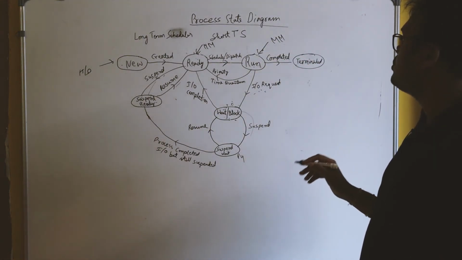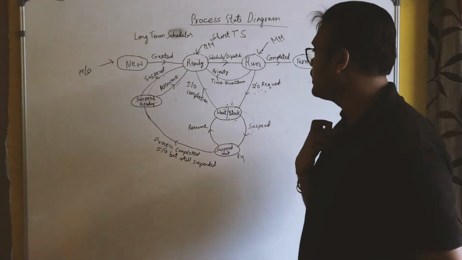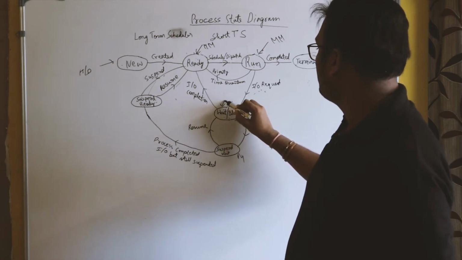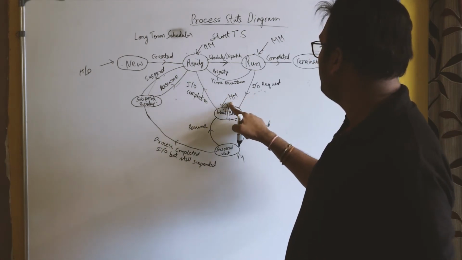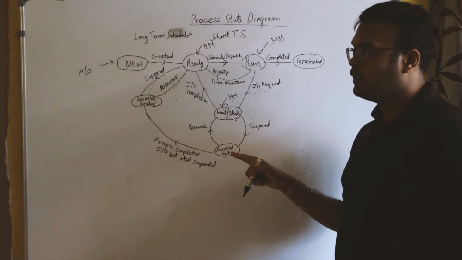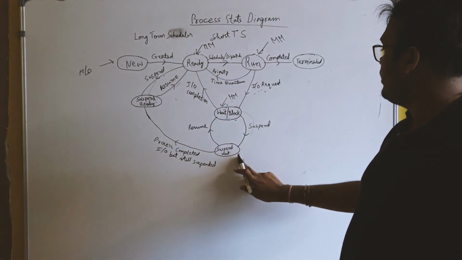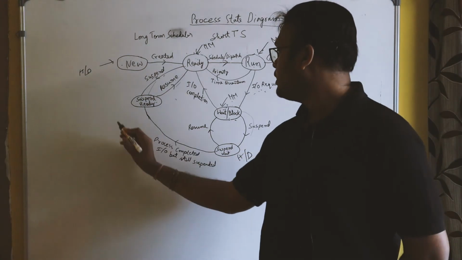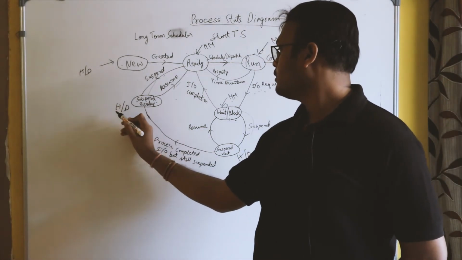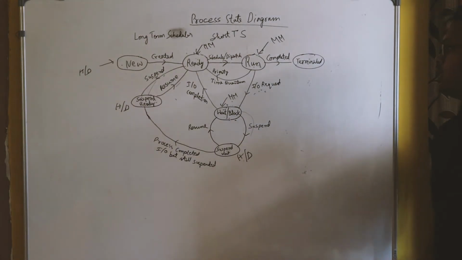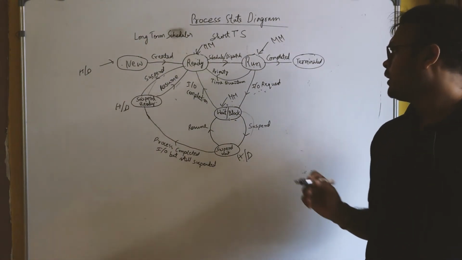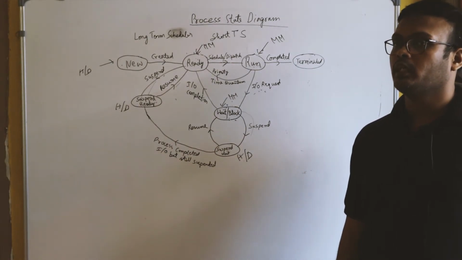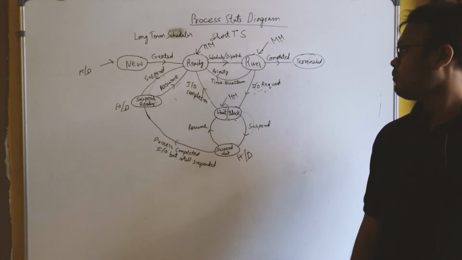Terminated means the process has completed its task and the PCB got removed. Wait block is related to main memory; the process will be busy with IO, but it will be there in the main memory. Suspend wait is related to hard disk. Suspend ready is also related to hard disk. So I think now you are getting it, why both suspend wait and suspend ready are related to hard disk.